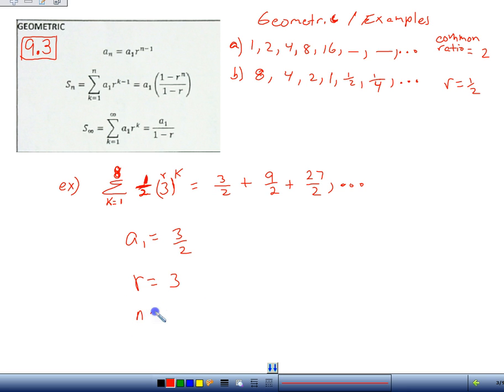And then how many items am I going to add altogether? Well, there's 8. Starting with 1, there's 8. Okay, so I'm going to go ahead and plug it in. Okay, so starting with a1 here, parentheses.